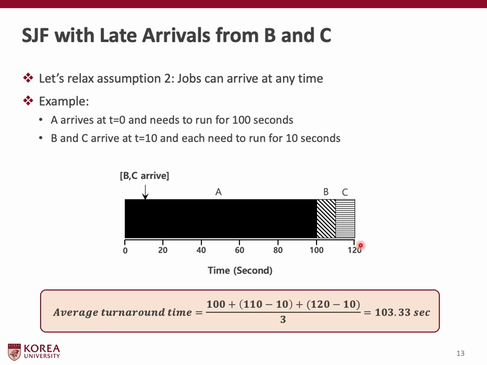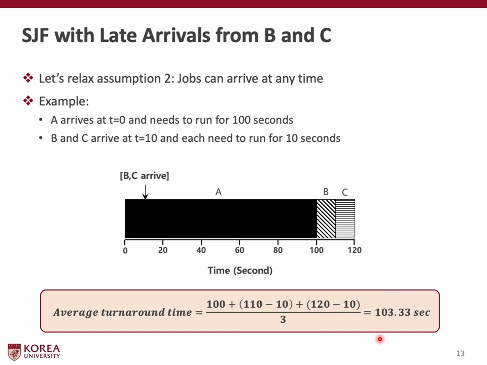Then the turnaround times become much worse. I mean, A's turnaround time is 100, and B's is also 100 because its arrival time is 10. And C's turnaround time is 110 because its arrival time is also 10.